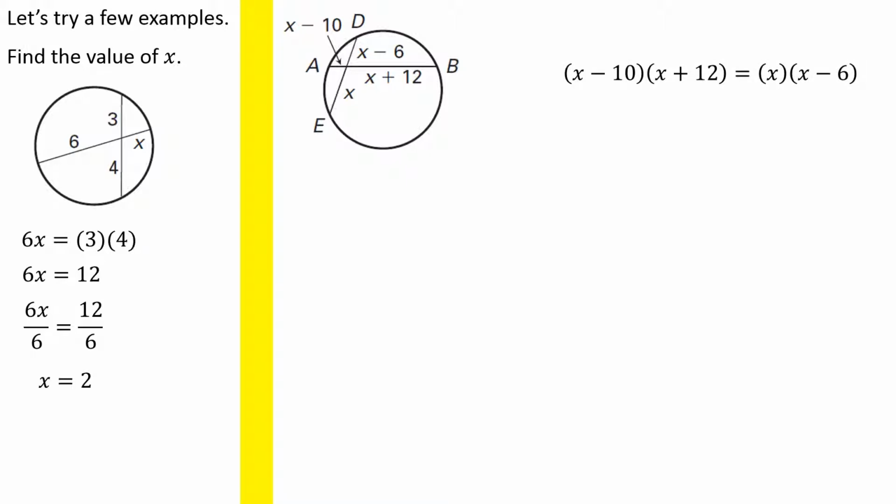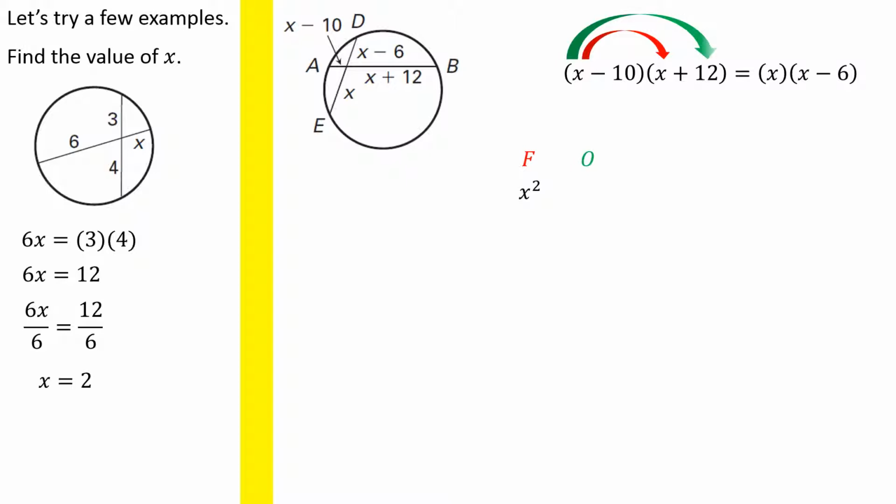Okay, so on the one chord, it's broken into x minus 10 on one side, x plus 12 on the other. The other chord is broken into 2 pieces, x on one side, x minus 6 on the other. Now I have to use FOIL, or if you know a different method that you prefer.